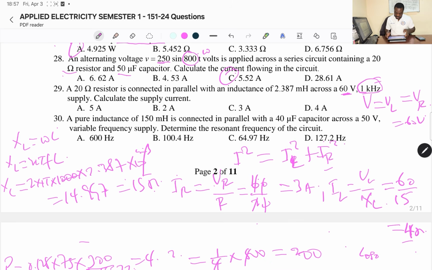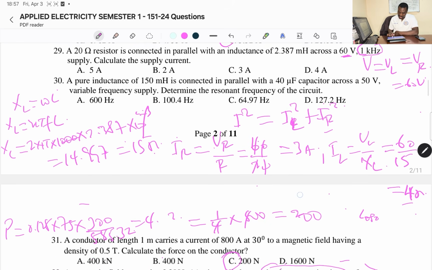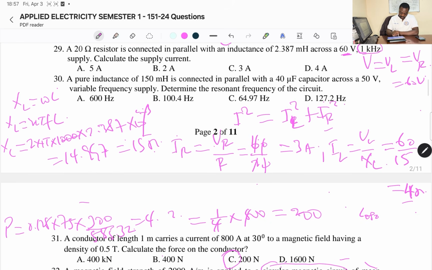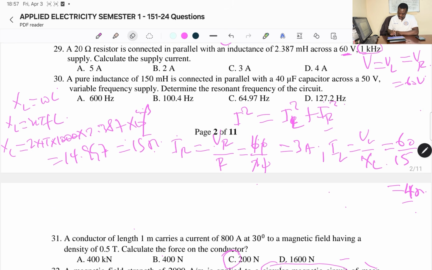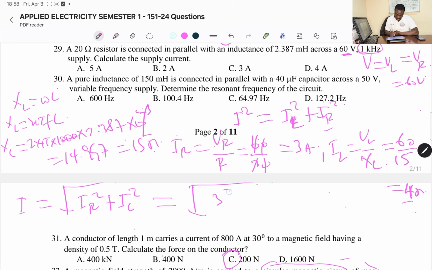So once I have 4 amps, I can come to the formula which I wrote here. We're interested in the current supply, right? So that means the current supply, using Pythagoras here, which we have already done, I will be equals to the square root of IR square plus IL square. And we've done this, right? IR is 3 amps. So 3 square plus 4 square. I think this will give you 5, but let me just do it.